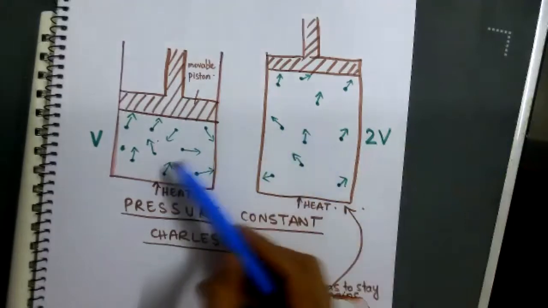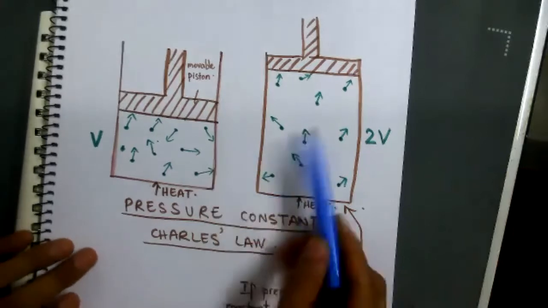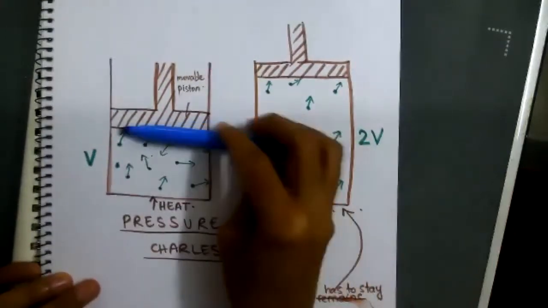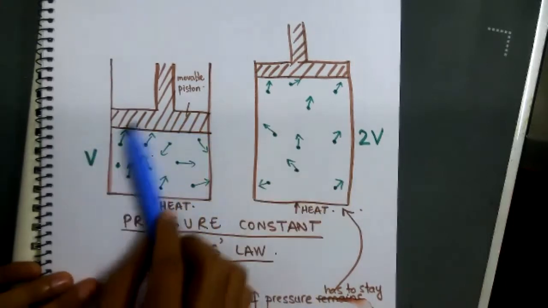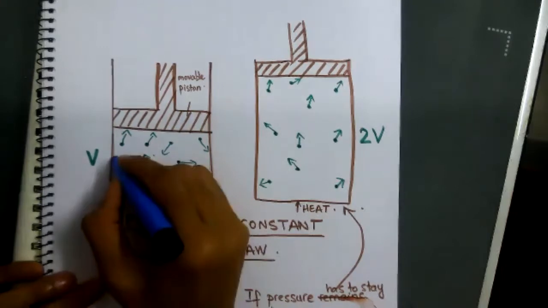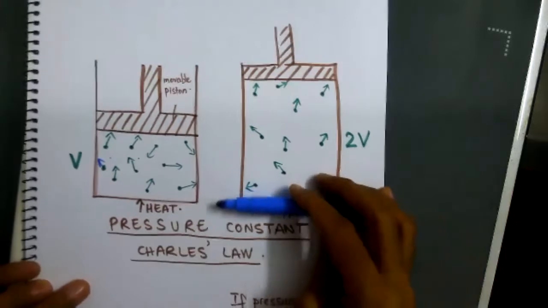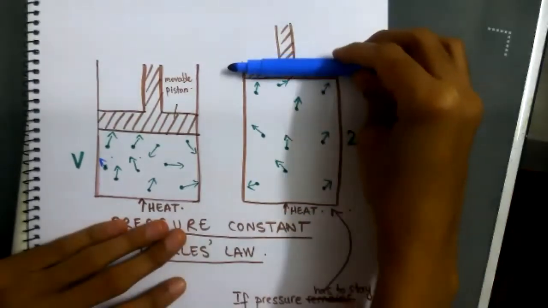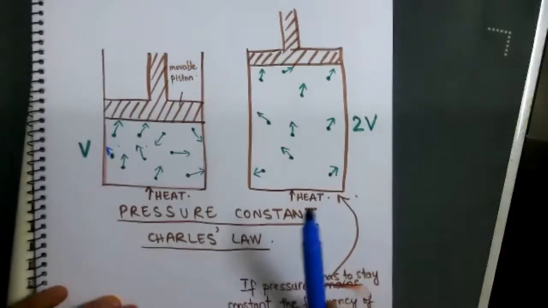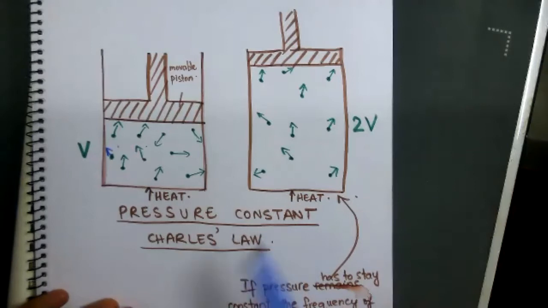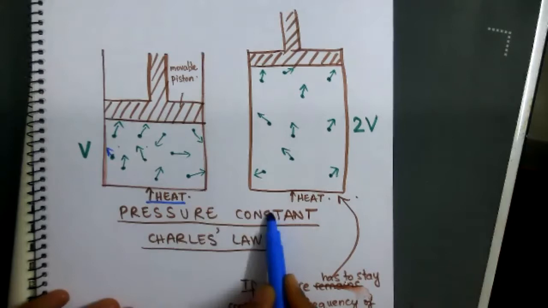And then this is a picture that the book used in order to explain. If, for example, this is one volume V, and we have a particular number of atoms or molecules here. And when we double the volume, we are increasing the temperature, keeping the pressure constant.